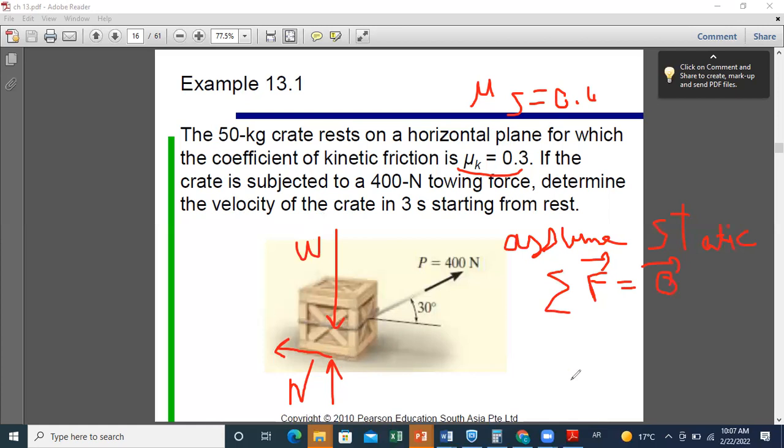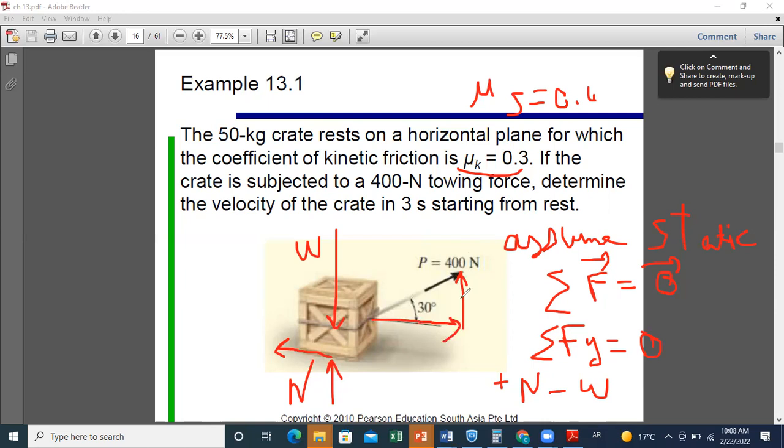Along the y direction, let me write it first. Sum of y equals 0. I have plus normal minus weight, and P should be decomposed into two components, one in the vertical direction and one in the horizontal direction.